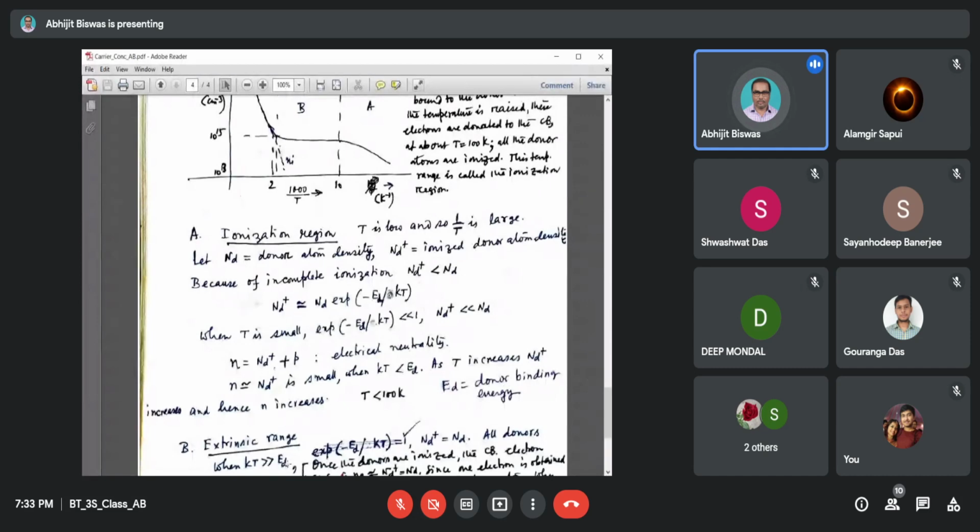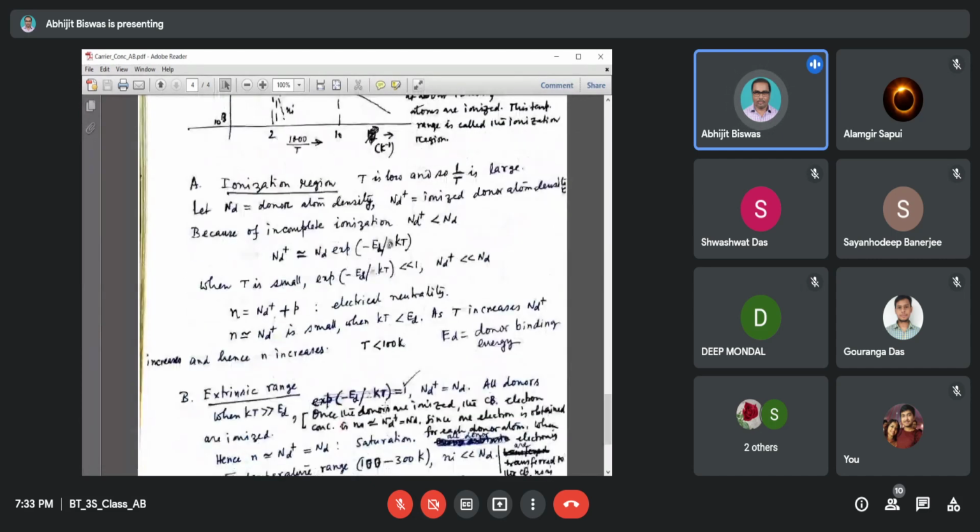The free electron concentration n equals Nd plus plus p, which indicates the electrical neutrality condition is satisfied, because the semiconductor as a whole is electrically neutral. Therefore, the free electron concentration must equal the ionized donor concentration plus the hole concentration. And as you know, the hole concentration is much less compared to the ionized donor concentration. Therefore, n is approximately equal to Nd plus.